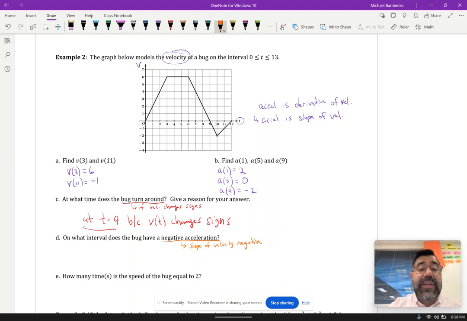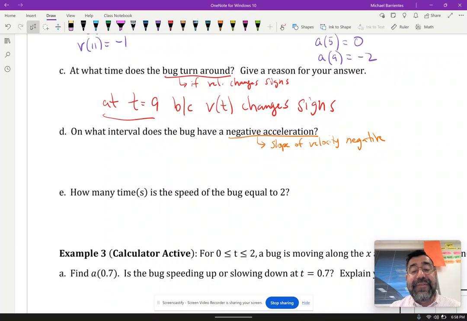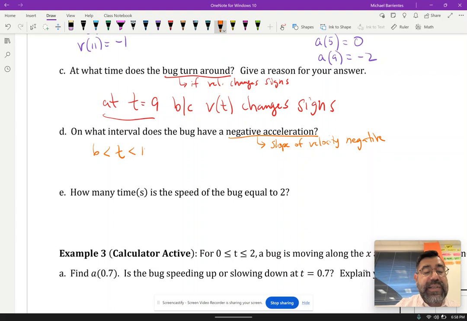It's going up. The slope is 0 here. Oh, the slope is negative here. So therefore, we can say between time 6 and time 10, the bug has negative acceleration. So time between 6 and 10.